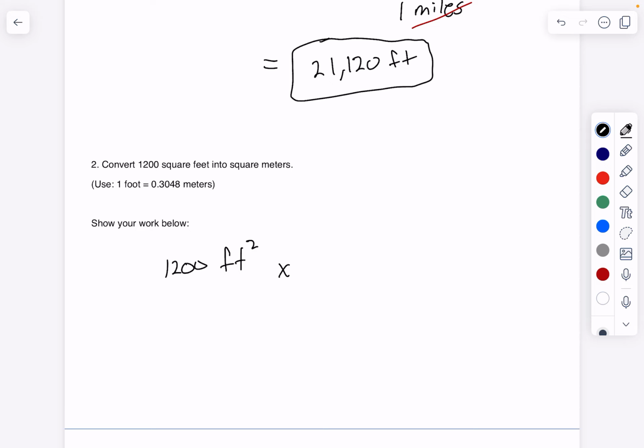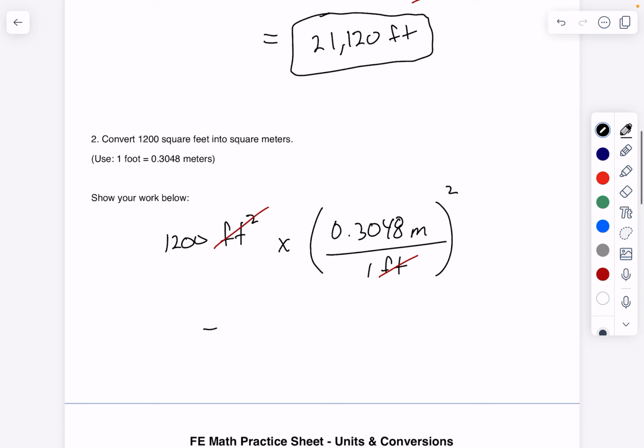So we're going to have 0.3048 meters divided by 1 foot, but we need to square this so that we have meters squared and feet squared. So these will cancel, and we'll be left with square meters, and that will be equal to 111.48 meters squared, or square meters.